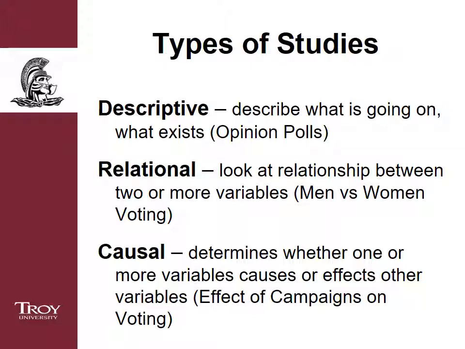Now, I've mentioned that there are types of studies. One type of study is descriptive. That's where you just analyze what's going on, what happened, and you're basically just trying to look at things. The Mueller paper on Vietnam was descriptive.